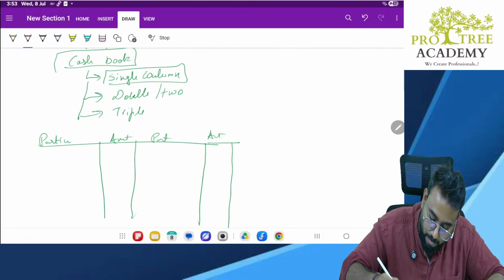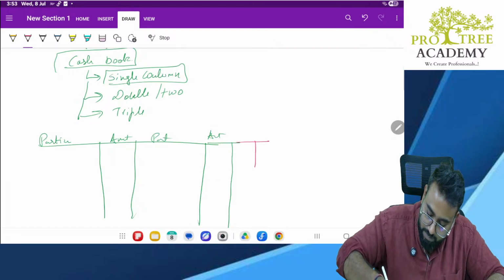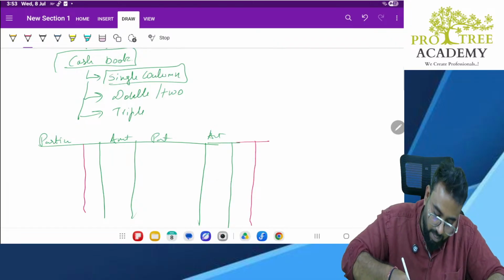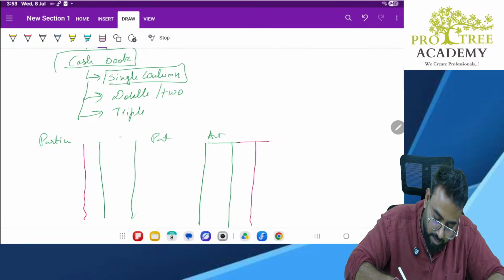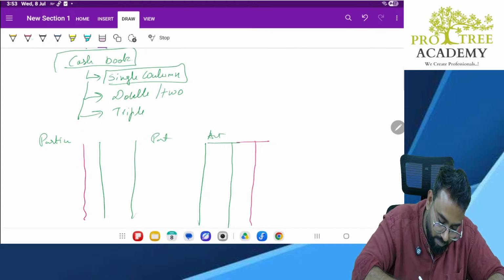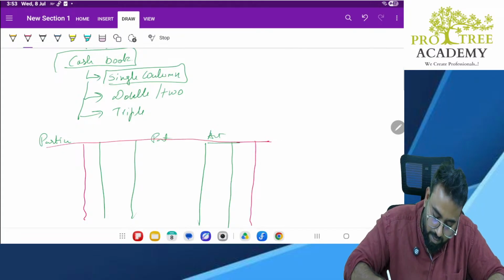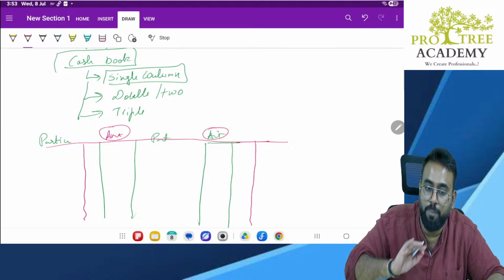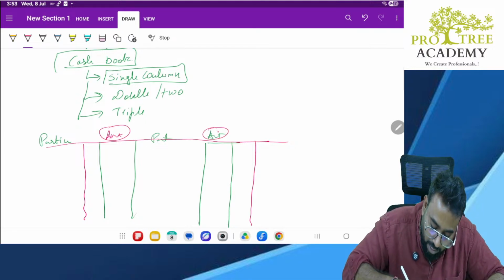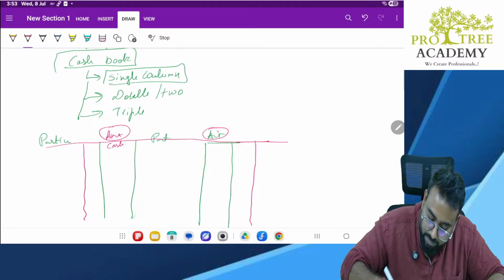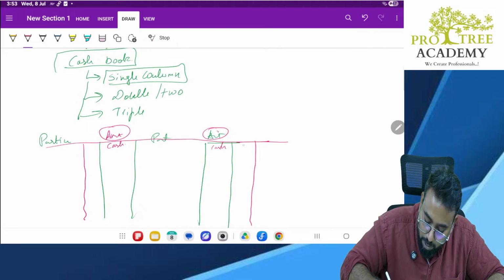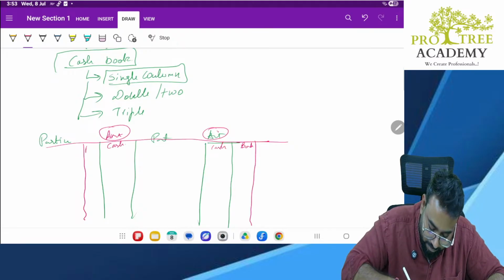Use another column. Now, the word amount changes. It will not be called amount, it will be called cash, and one will be called bank.